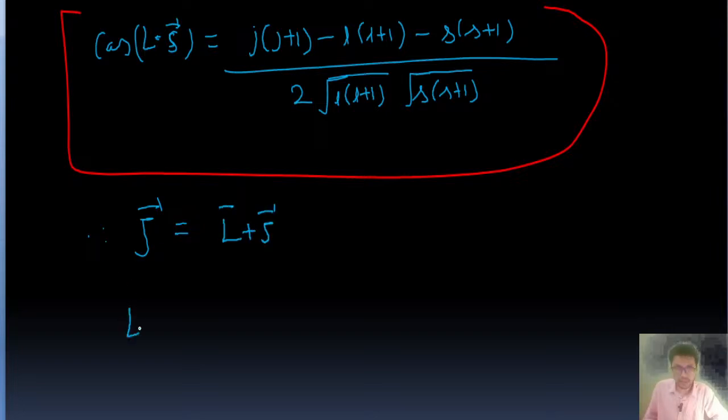So from here, L value is going to be J minus S. So L square is going to be J square plus S square minus 2 J dot S, right?